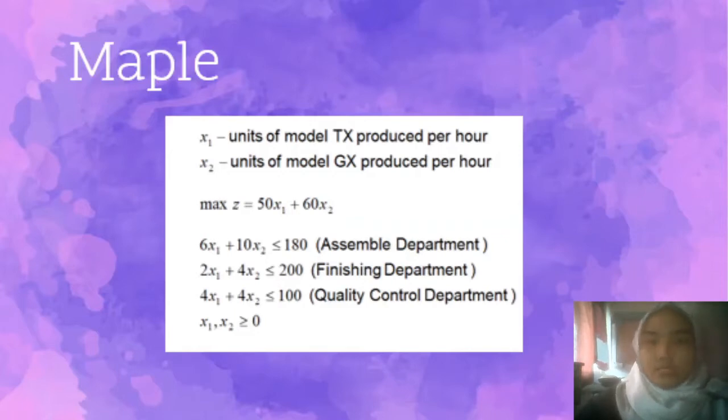And there are constraints from the assembly department, finishing department, and quality control department. These come from the workers' working minutes and the machine used for the jobs. For the sign restriction, x1, x2 are more than 0.